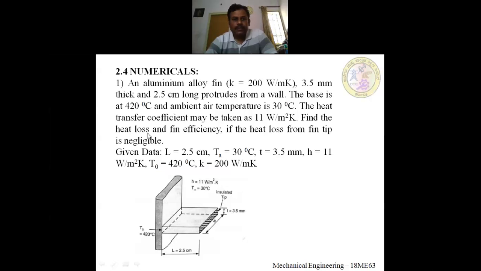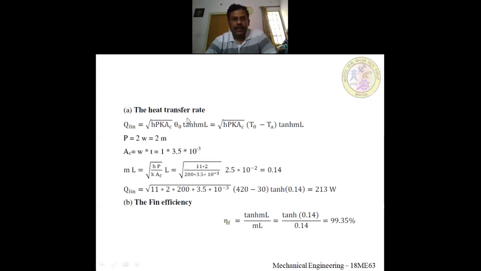So what they have asked is just heat loss and efficiency. So you know the formula for heat transfer rate, which is given by square root of hPkAc times theta naught tanh(mL), which will be equal to, theta naught I put as T naught minus TA, tanh(mL). Okay, so in this problem, perimeter is given by 2 times width.